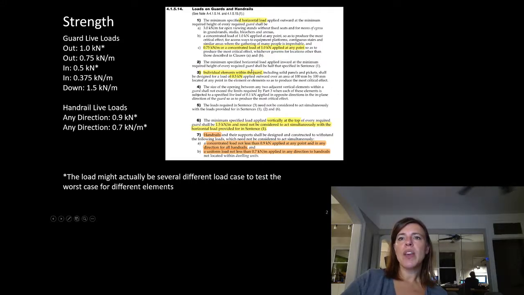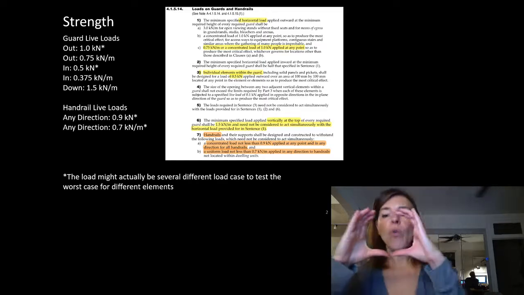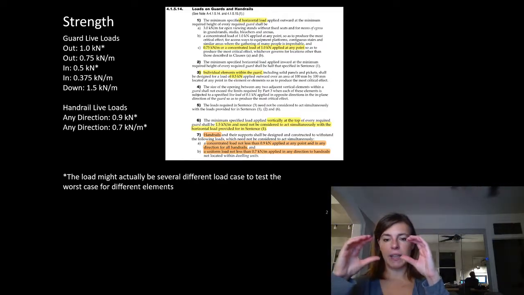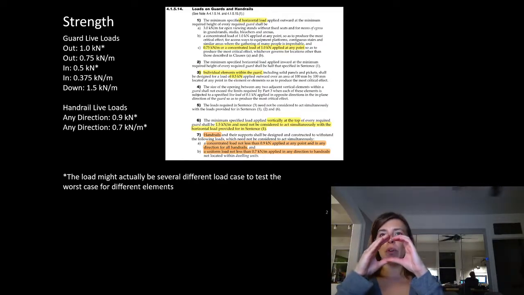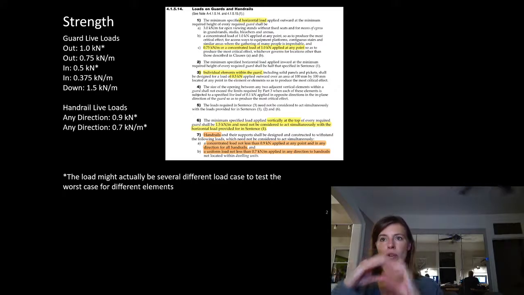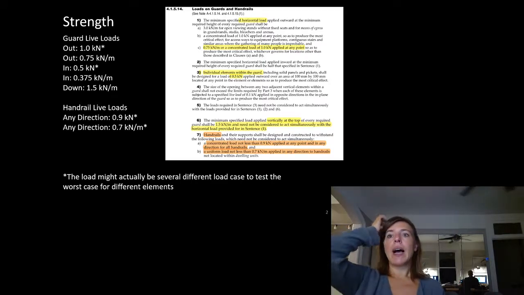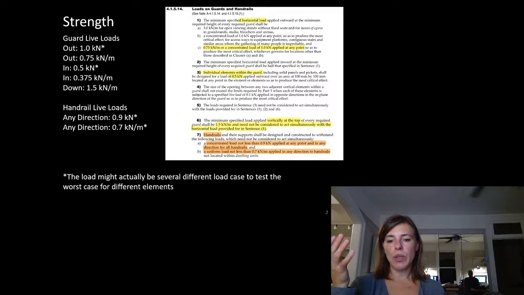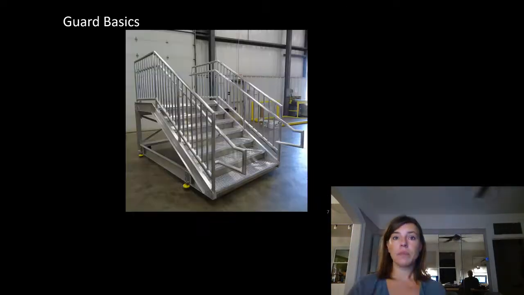Individual elements within the guard, including solid panels and pickets, shall be designed for a 0.5 kilonewton point load over a 1 kilonewton by 1 kilonewton, or a 4-inch by 4-inch area, or a 100 by 100 millimeter area. And so that's what we would use to design a picket, but also to design a bottom rail.